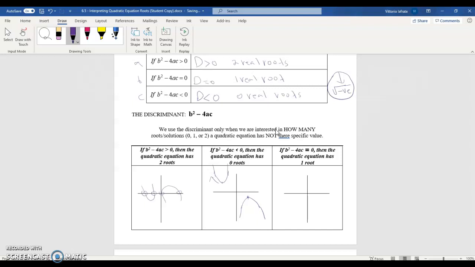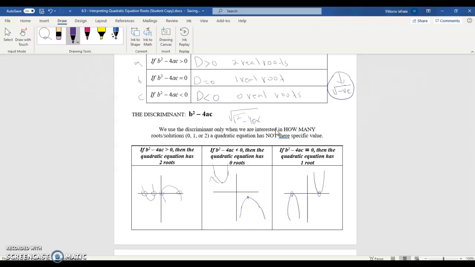And then, of course, like I said, if your discriminant is equal to 0, then that means you have 1 real root, and that's essentially where the vertex is on the x-axis. So your real root would be here, or you can have a situation like this. These are just some specific examples. They could be in other quadrants as well, but your real root would be there as well. So again, this is the part that's under the square root area. That's the discriminant.